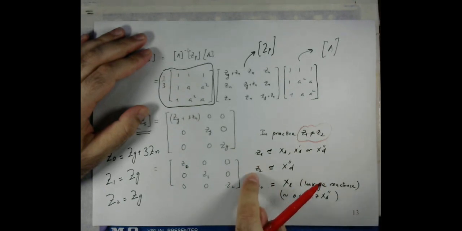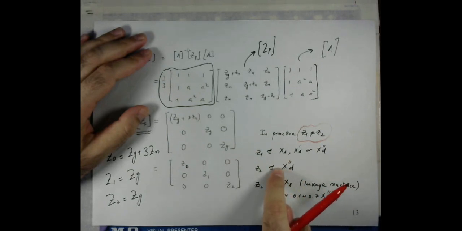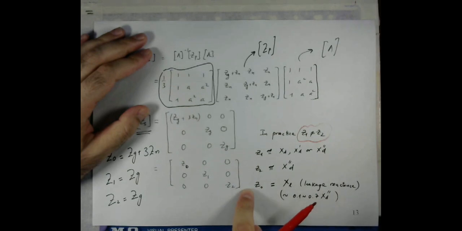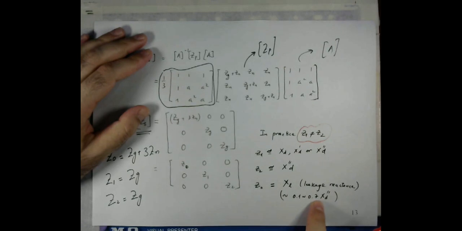And Z2, which is the negative sequence impedance, is usually taken approximately equal to the subtransient inductive reactance, and Z0 is taken as the leakage reactance, which is approximately within the range of 0.1 to 0.7 times XD double prime, which represents the subtransient inductive reactance.